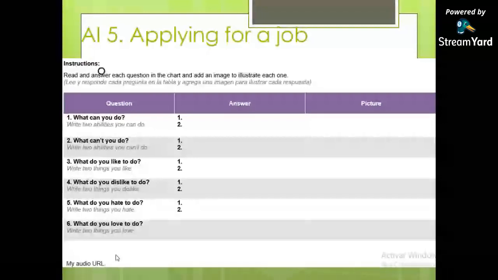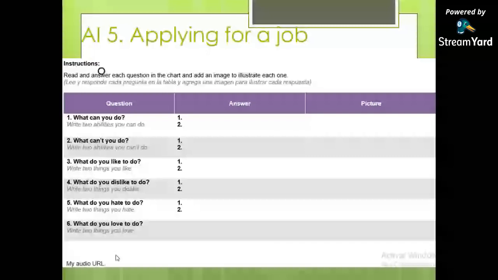Why? Because this will help you not to extend your audio so much. By this way, you use your time efficiently. Maybe you will have a little bit more time, but I mean, don't deliver audios with 5 minutes.